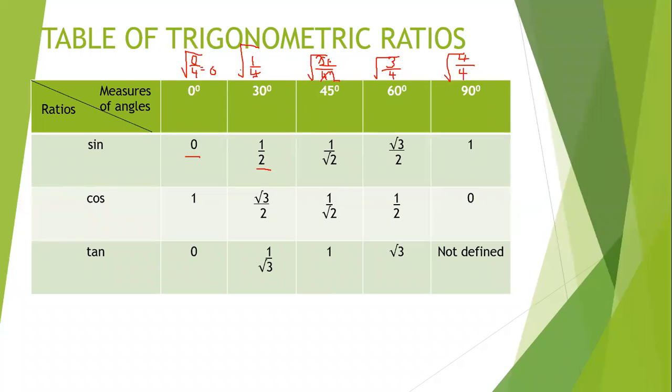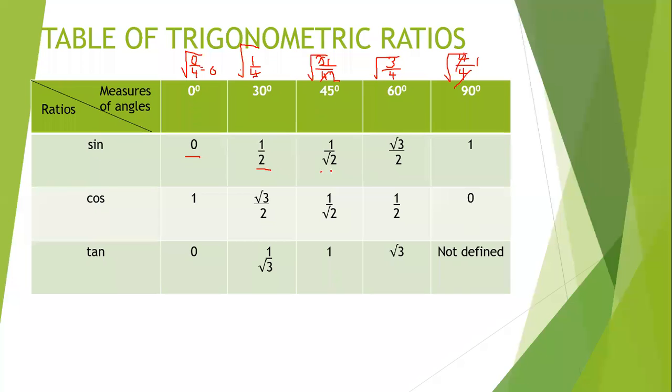So 1 upon square root 2. Here the square root of 3 is under root 3 and the square root of 4 is again 2. This 4 and this 4 will again get cancelled. You will get 1 upon 1, and the square root of 1 is 1.